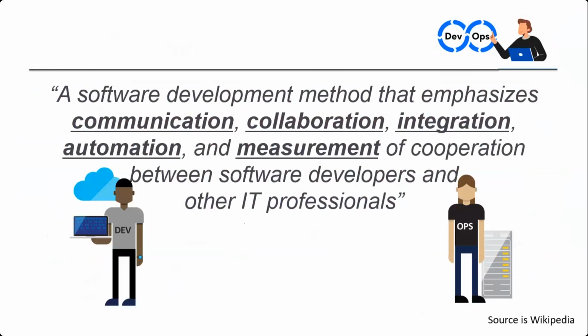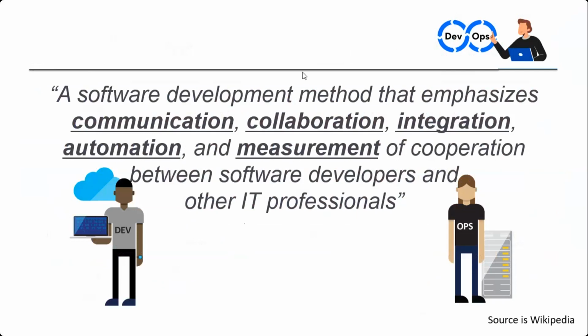For example, we can say that when you want to develop an e-commerce platform, where the communication starts from the initial planning stages, the development and operation teams will hold a joint meeting to discuss the requirements, potential challenges, as well as timelines.